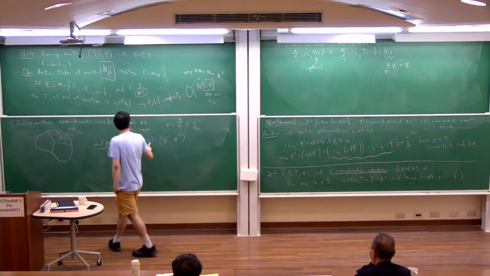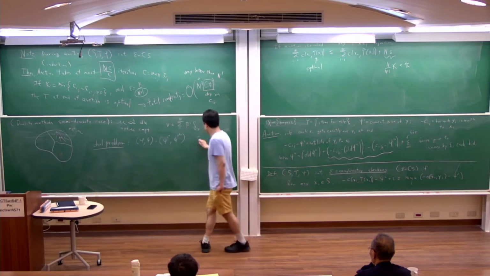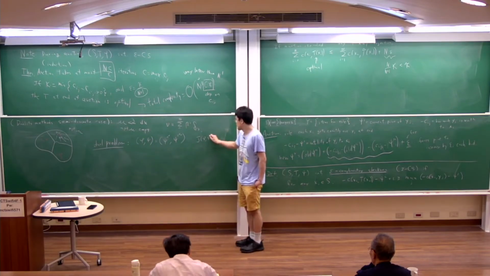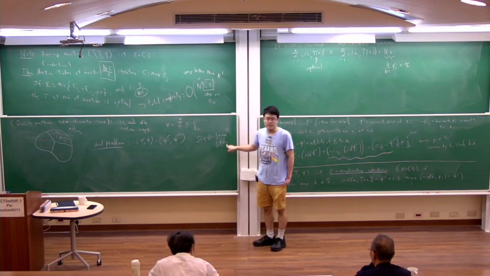Well, here, if you remember the objective functional, this was defined as the sum of these integrals. So here, this is a discrete measure.